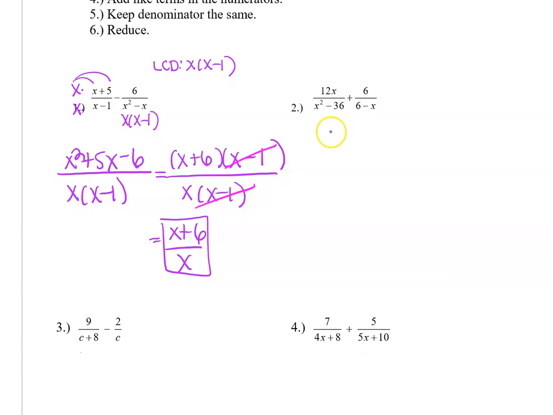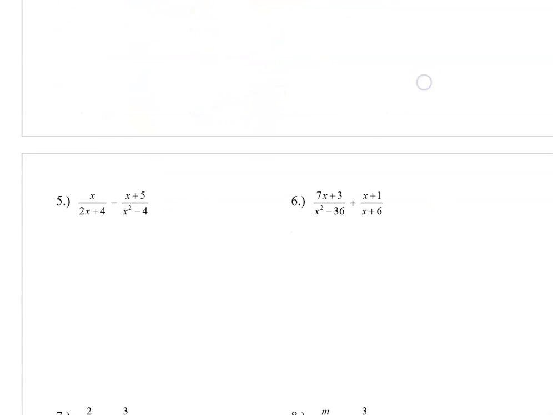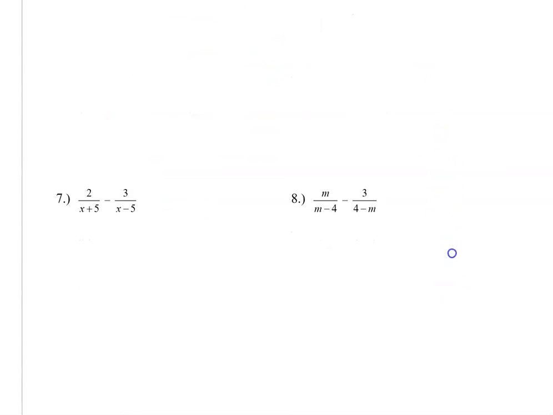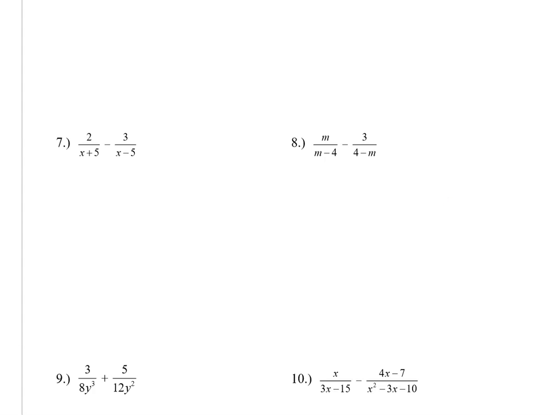Now, number 2, actually, no, not number 2. I'm not going to do that one. I'm going to do number 8. Let's look at number 8. So what I want you guys to notice is that I have 4 minus m and m minus 4. Those are really similar, but not quite the same. What I'm actually going to do is multiply the top and bottom by negative 1, because in doing so, I'll do this off to the side. 4 minus m times negative 1 gives me negative 4 plus m, which is the same thing as m minus 4.